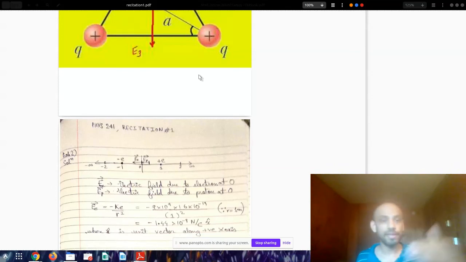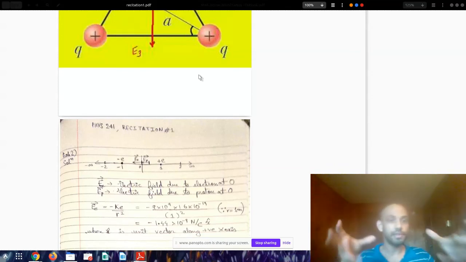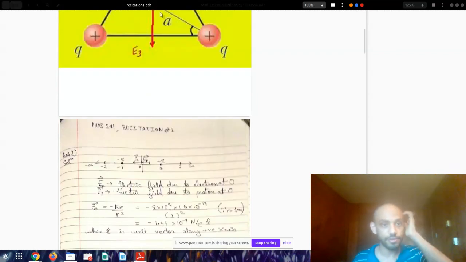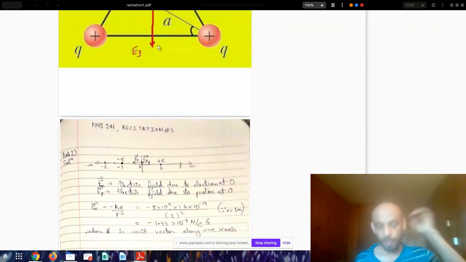Alright, so if you place these 2 charges, or this electric dipole, in a region that has uniform electric field, and the electric field is pointing, say, in the downward direction along this direction where the vector E3 points, then the electric dipole, I'm not going to derive this relation, but the electric dipole will have some energy. It depends on how you place this electric dipole in the electric field.